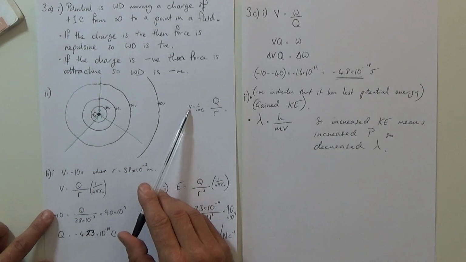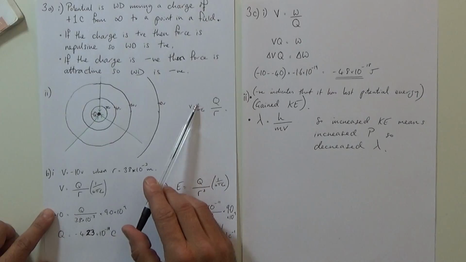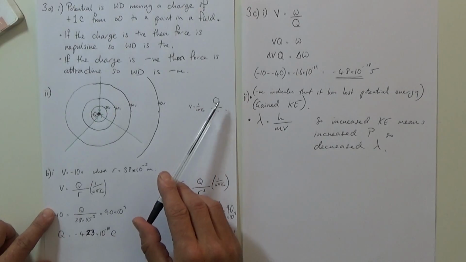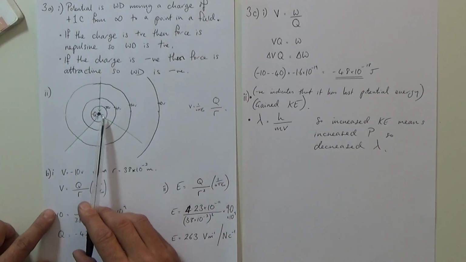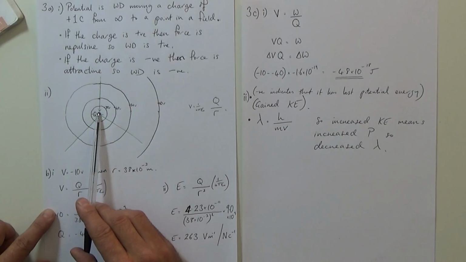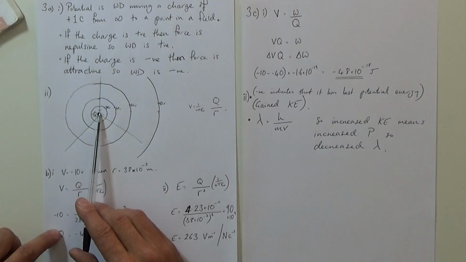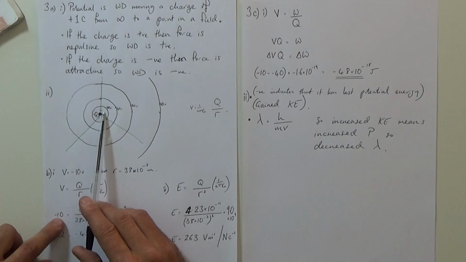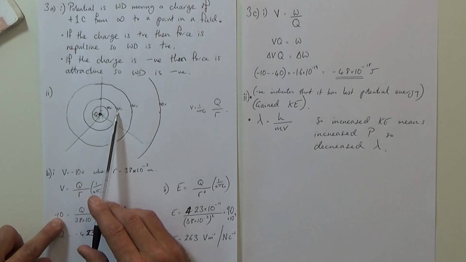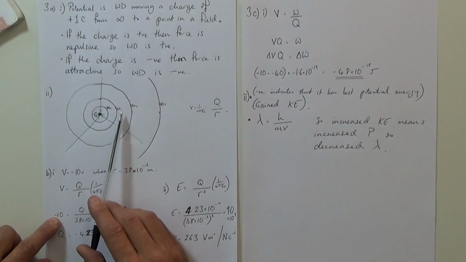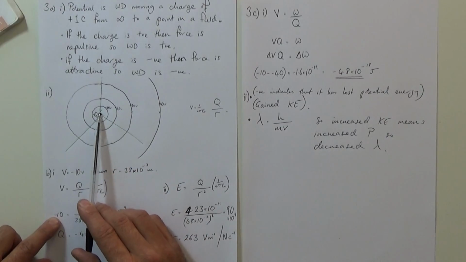Now, if the potential due to a field is 1 over 4 pi epsilon naught times Q over R, then if this distance here for the minus 80 volts, let's call that R, if we doubled it to this distance here to 40, then of course we should get the potential being half, as long as this charge stays the same.